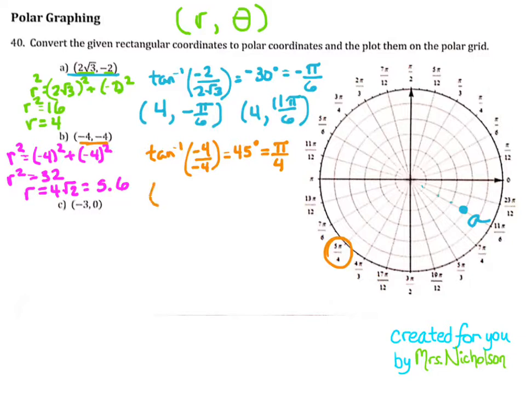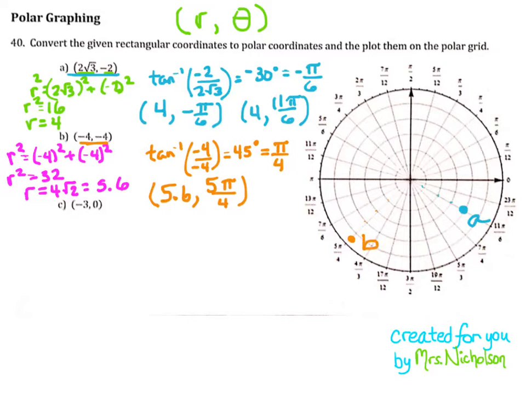So my answer here, radius is 5.6, angle is 5 pi over 4. And then if I graph that point, 1, 2, 3, 4, 5, and let's see, let me erase that circle. A little bit more than half in between. There's point B.